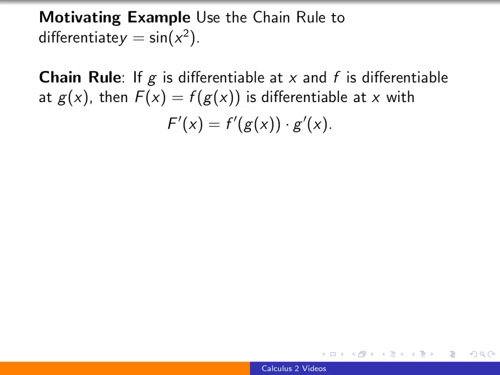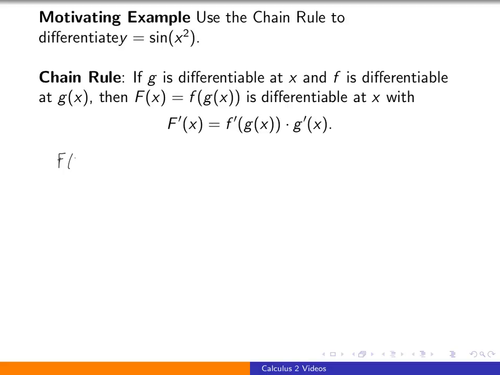So as a reminder, what the chain rule tells us is that if we want to differentiate a composition, what we do in words is we take the derivative of the outside, evaluate it at the inside, multiplied by the derivative of the inside. So let me rewrite down our function.